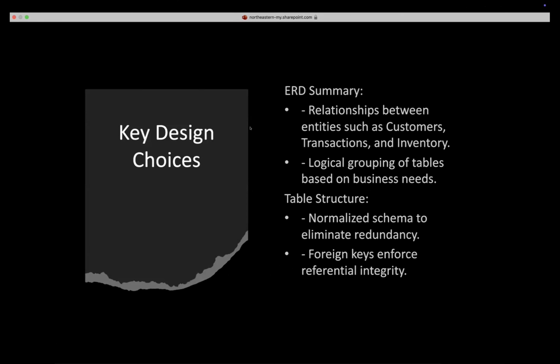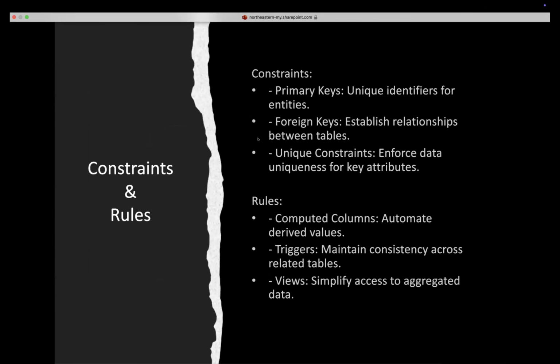And tables are logically grouped based on the business requirements. We made the table structure so that the schema is normalized to eliminate redundancy, and foreign keys enforce referential integrity. And we had a few constraints and rules.